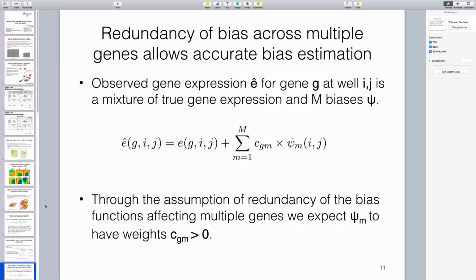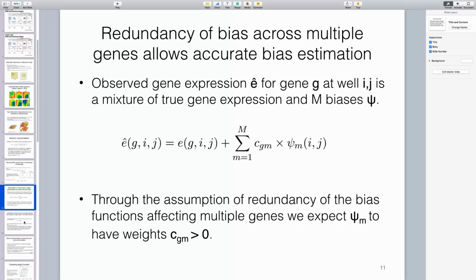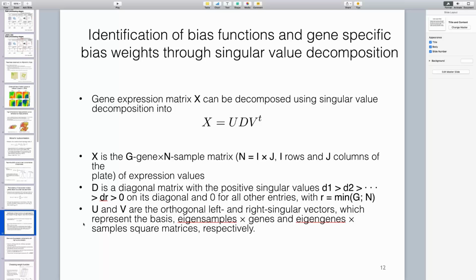So we go down. What we can do is the following. When we have this L1000 data, we basically have a matrix of 384 columns and about 1,000 rows for the landmark genes.